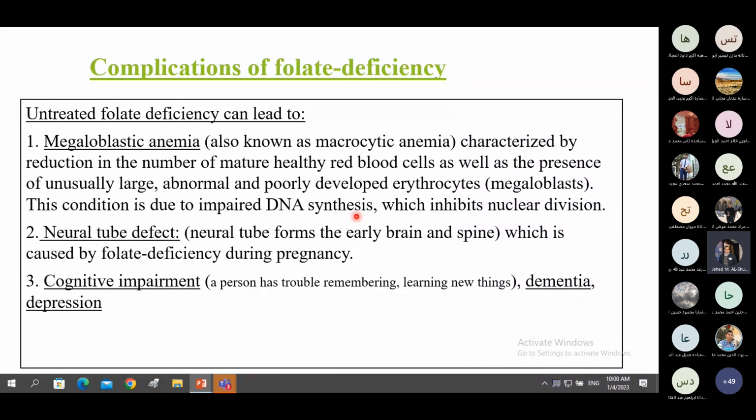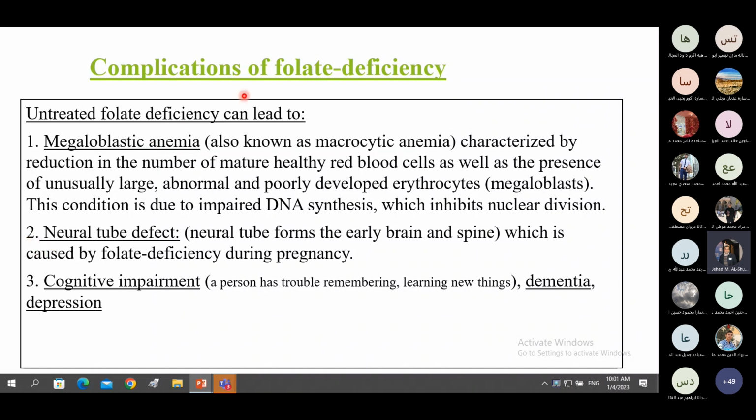Folate is very important for the synthesis of the DNA. The folate deficiency will cause a reduction in the mature healthy red blood cells and the production of immature red blood cells, which are characterized by large size and can't do their work properly. So in megaloblastic anemia, the red blood cells are large in size and immature and can't do their job properly in transporting oxygen.